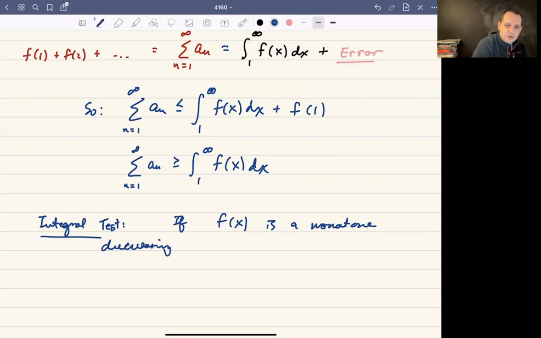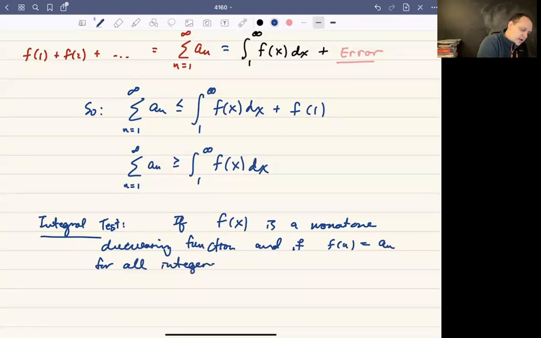So if f is a monotone decreasing function, and if f of n is equal to a sub n for all integers n, say, greater than or equal to 1.